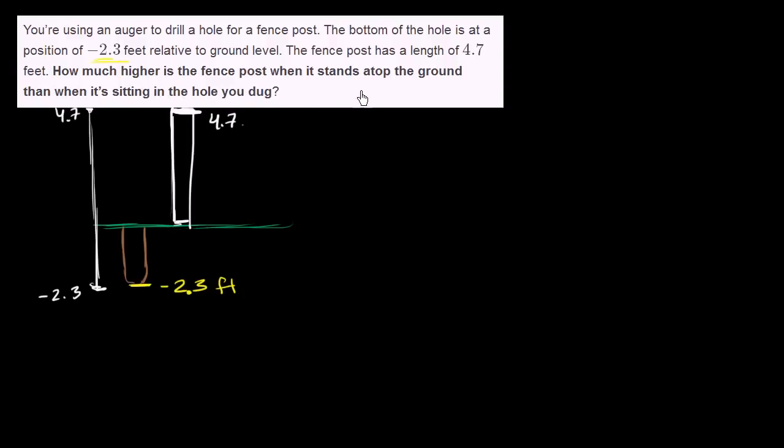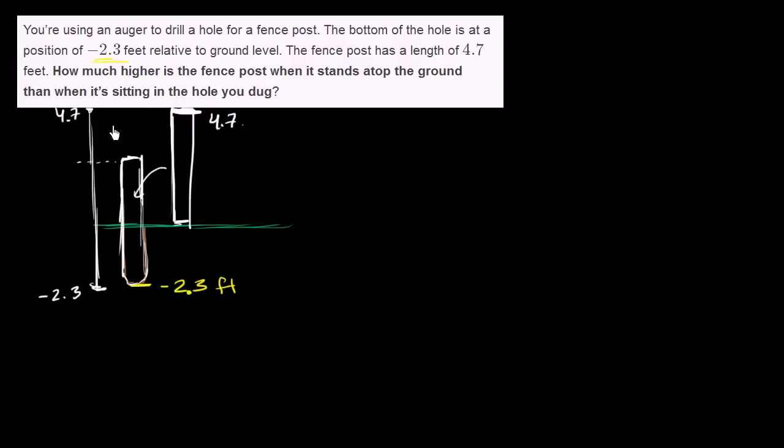How much higher is the fence post when it stands atop the ground than when it's sitting in the hole you dug? So when you put this fence post in the hole you dug, it's going to go down 2.3 feet. You could figure out what this height is, but they're not even asking us about the height above ground level. They're just asking how much the top goes down when it's sitting in the hole you dug.